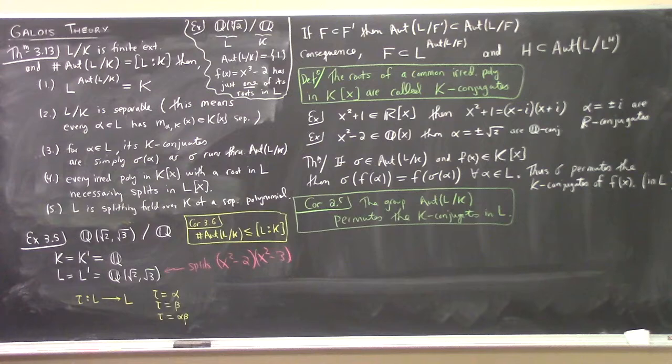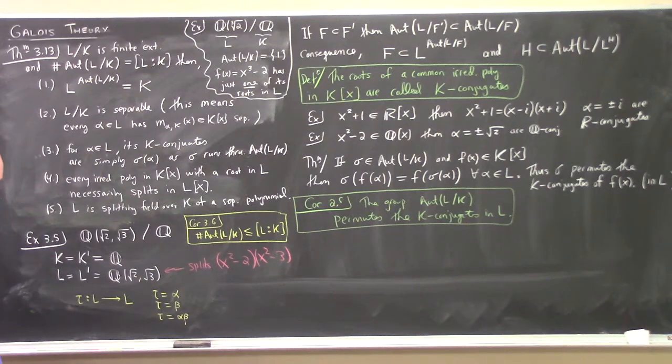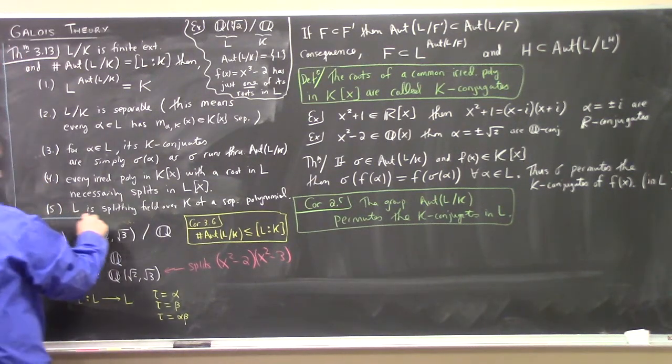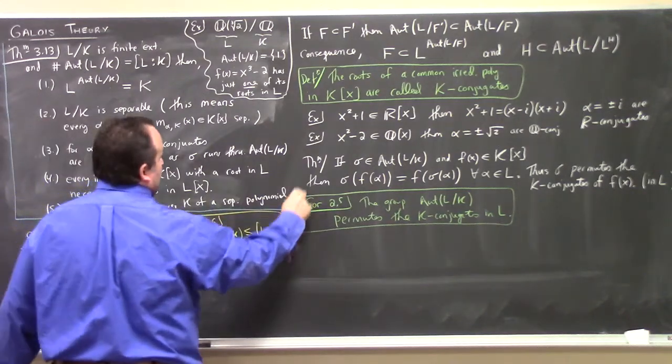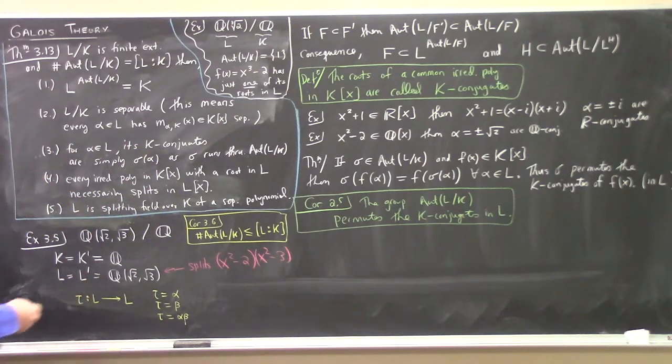Which is an interesting thing in the context of theorem 3.13, because if you take a look at it, there is no polynomial in this theorem. So it's saying that there exists such a polynomial in this case.